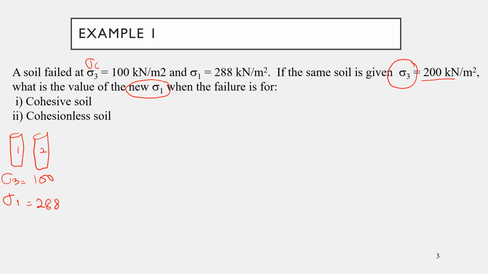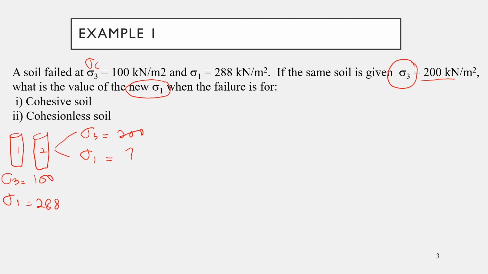Meanwhile, for sample number 2, you prepare identical specimens with the same moisture content and the same density. It's just that you subject it to a different confining pressure of 200 kPa.